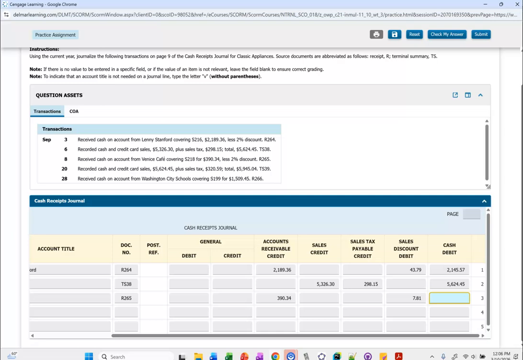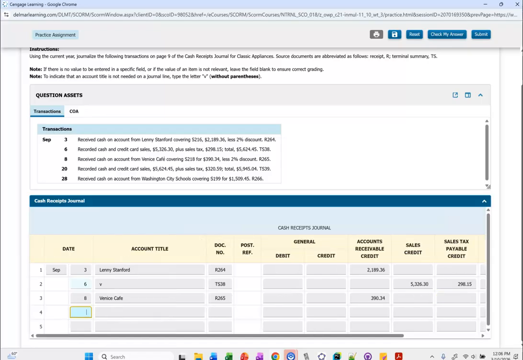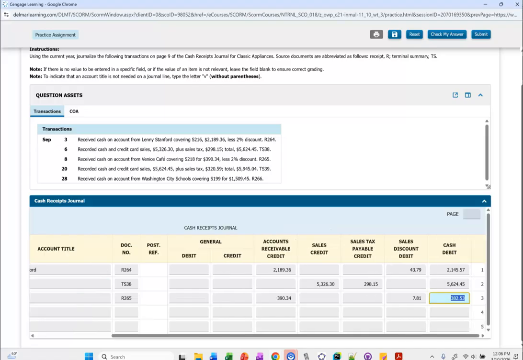And the difference in those two numbers gives me $382.53 of cash. Does that feel okay there? So again, I'm just subtracting the discount from the total accounts receivable debit to get the cash that came in, right?